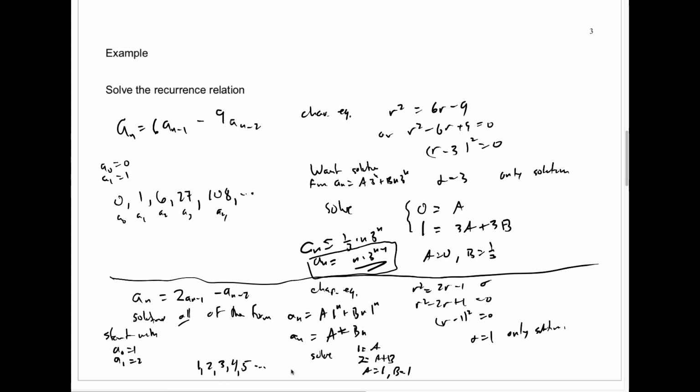And so the sequence a sub n is just 1 plus n, and that gives us here a naught, a1, a2, etc. Very simple sequence because of this very simple recurrence relation that has only the single root.